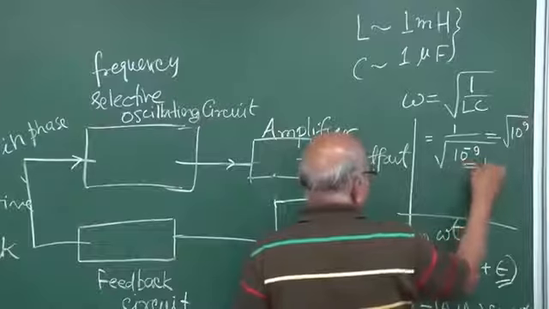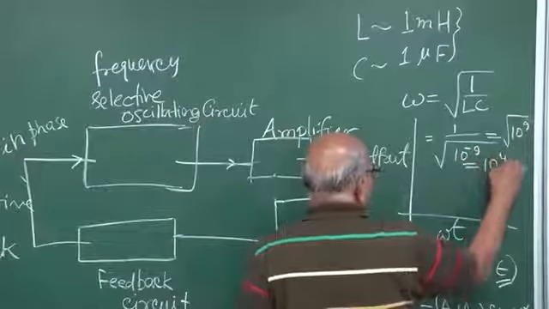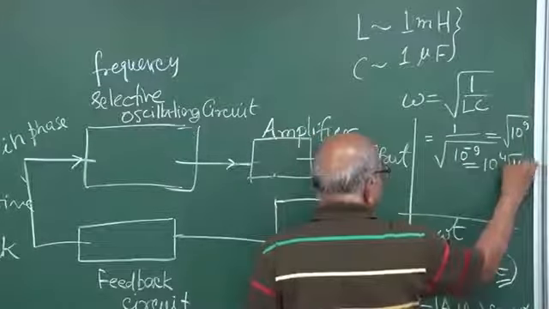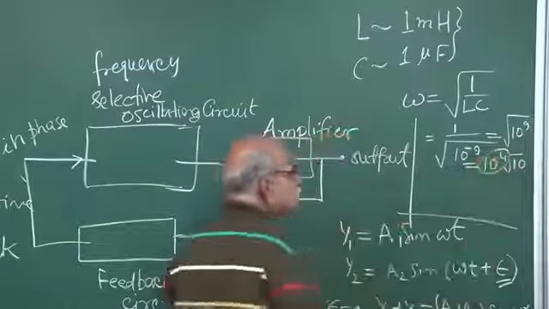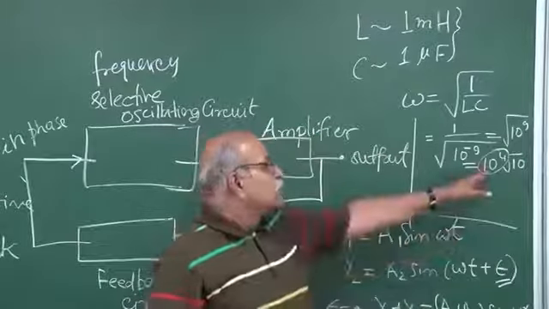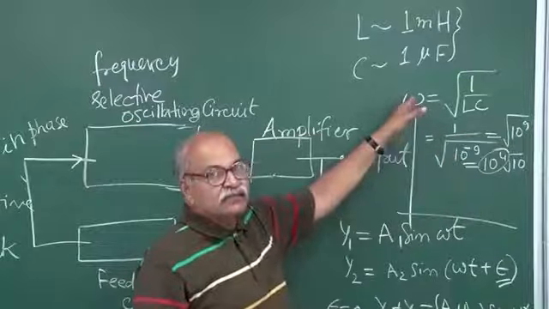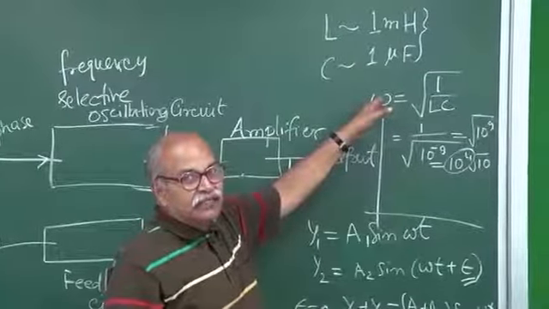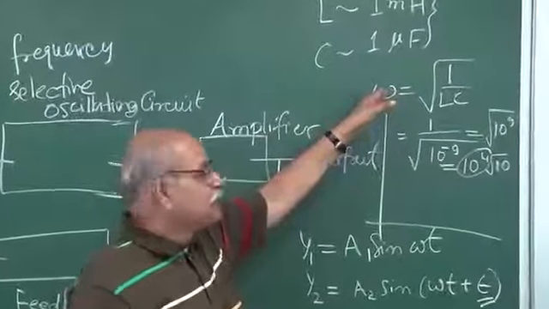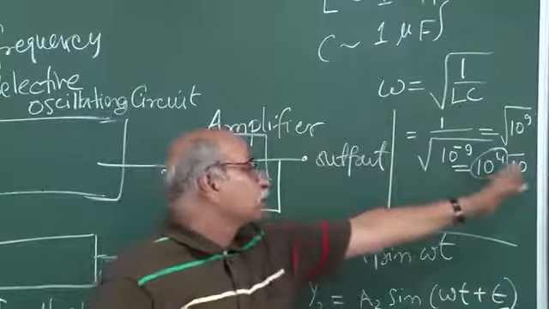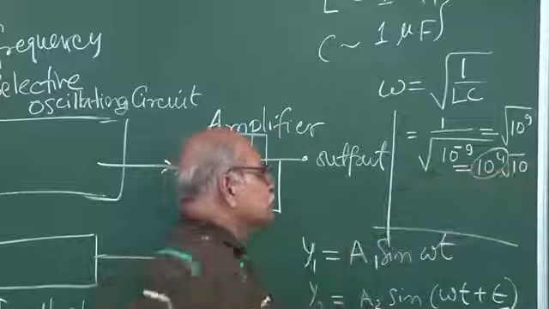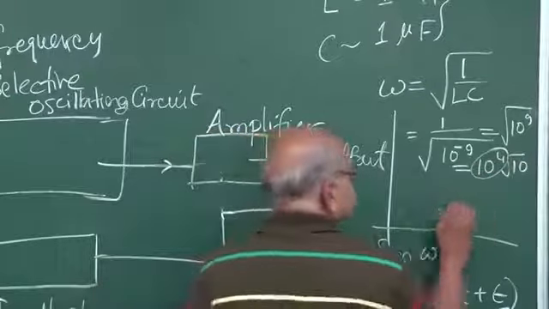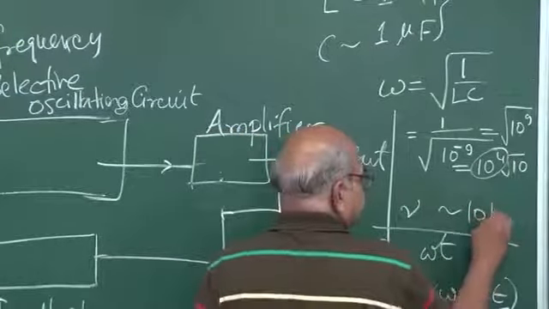So it is 10 to the power 4 multiplied by square root of 10. So this itself is 10 kilohertz. This omega, of course, if you want frequency, you have to convert it by this 2 pi factor. You divide by 2 pi. So that is 6. That probably will be of this order. So your frequency is around 10 kilohertz.